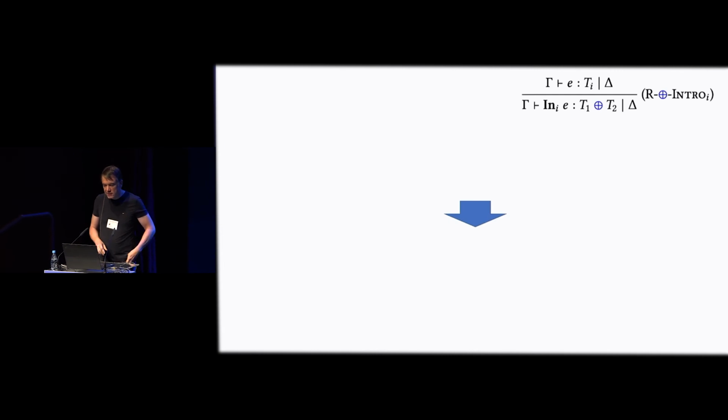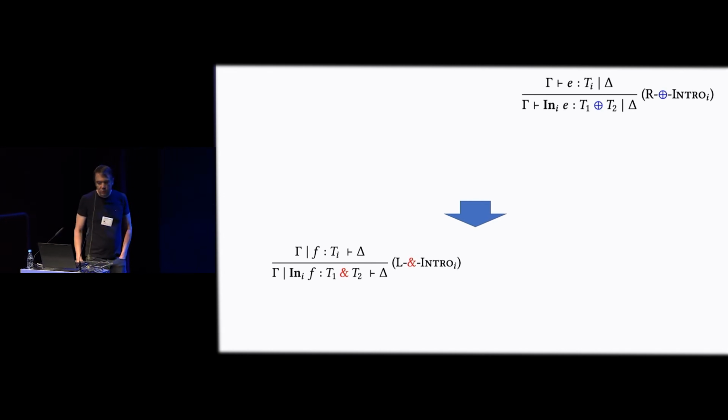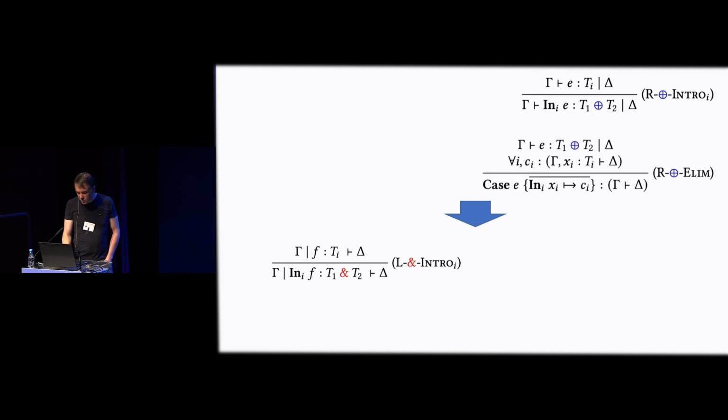So let me show you an example. From the typing rules for plus that we just saw, we can mechanically derive the typing rules for this product type. And here we also see why we have chosen the same constructor rules, because then we can interpret the same program in two ways.